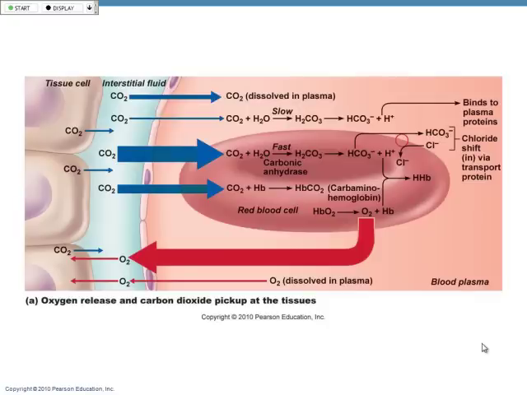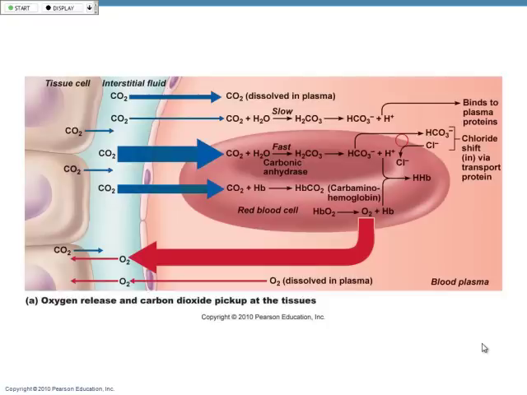This is the chemistry behind what's going on in the red blood cell, in plasma, that's going to help with gas exchange. So oxygen release and carbon dioxide pickup at the tissues is what this particular diagram is showing us.